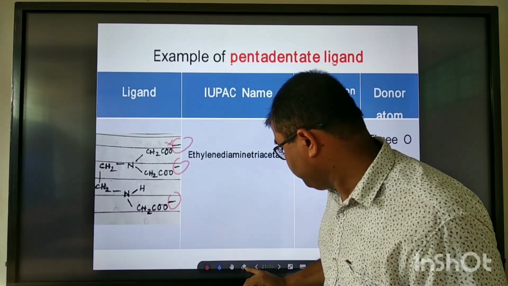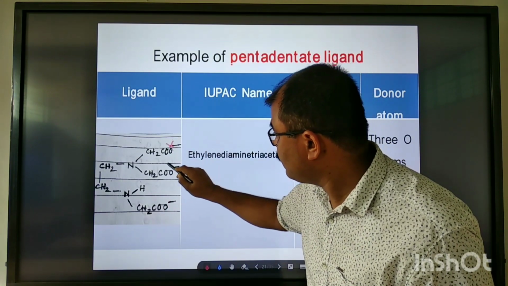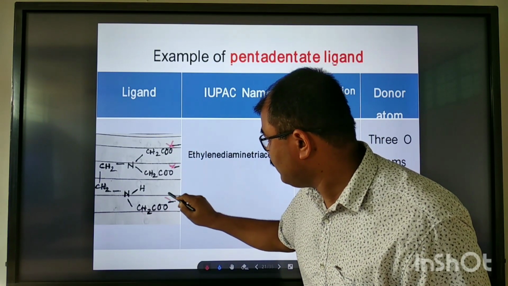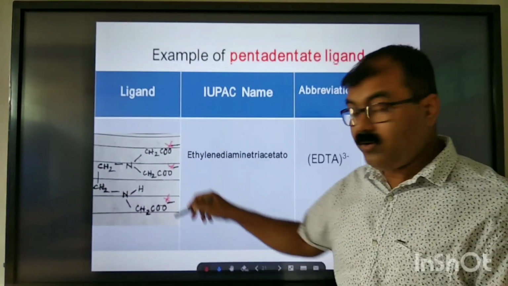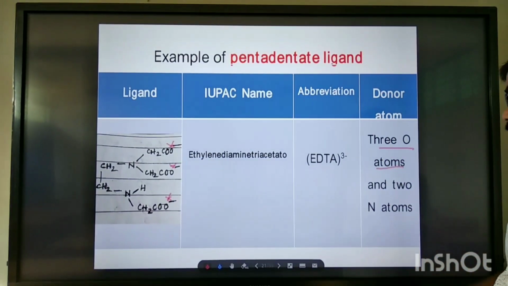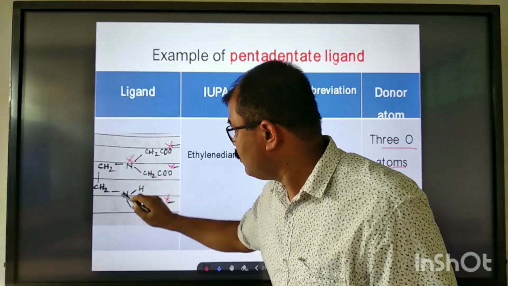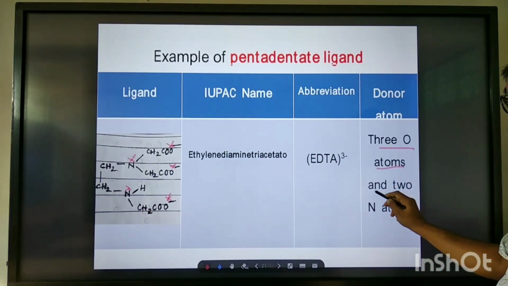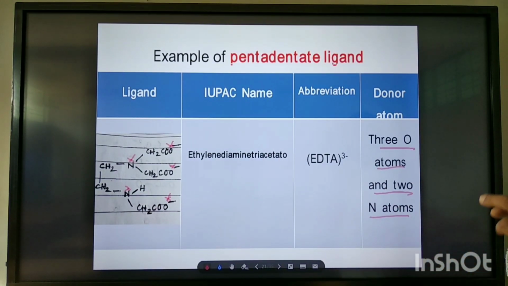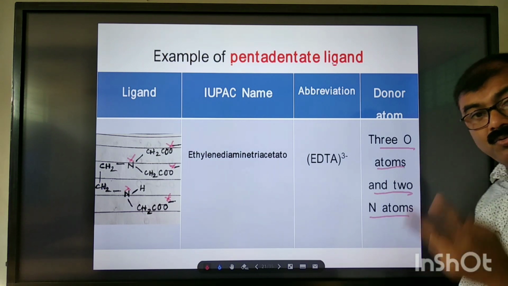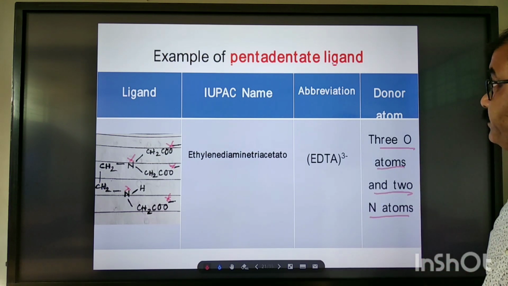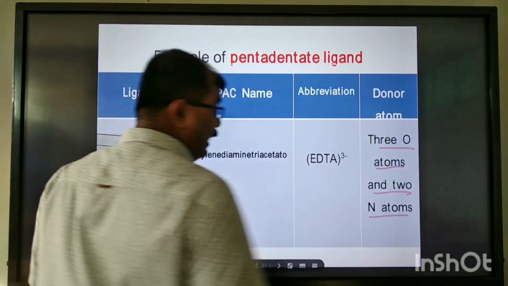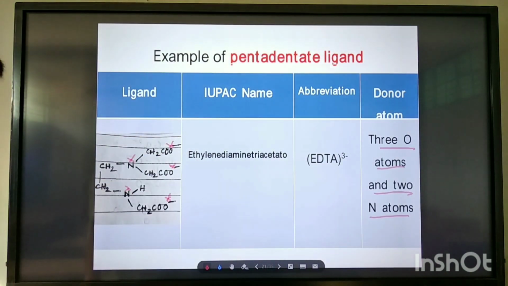This oxygen, this oxygen, this oxygen. There are 3 oxygen atoms and 2 nitrogen atoms. So this is ethylene diamine triacetate, EDTA 3 minus.